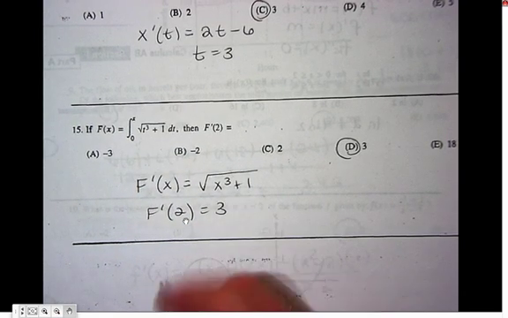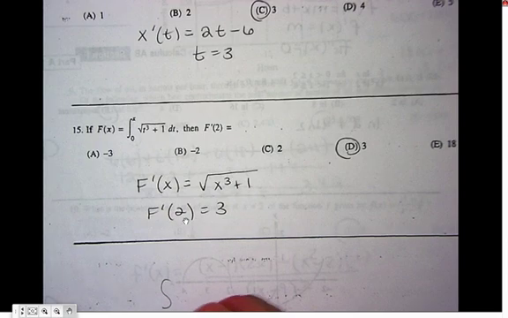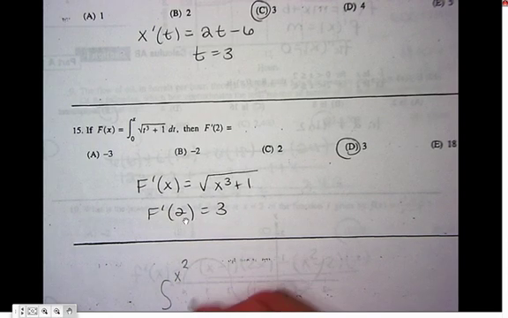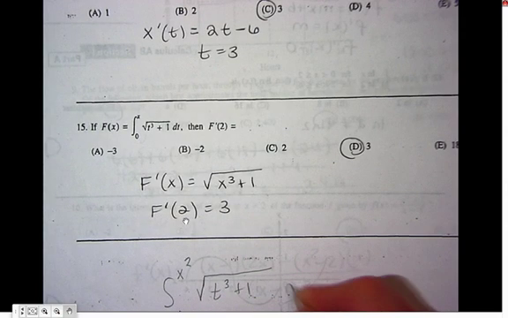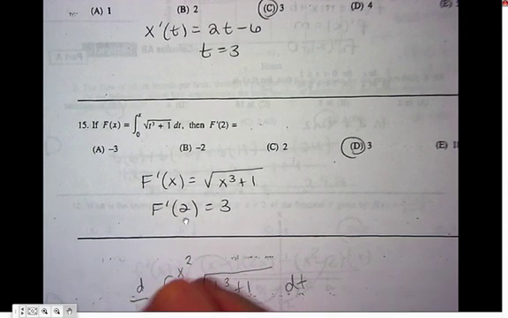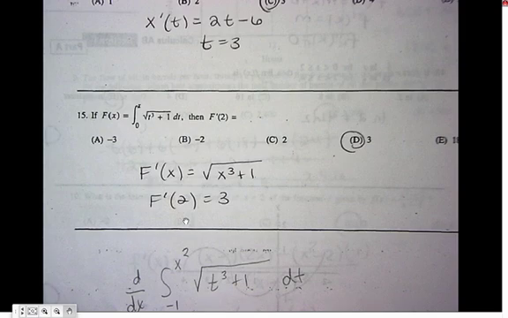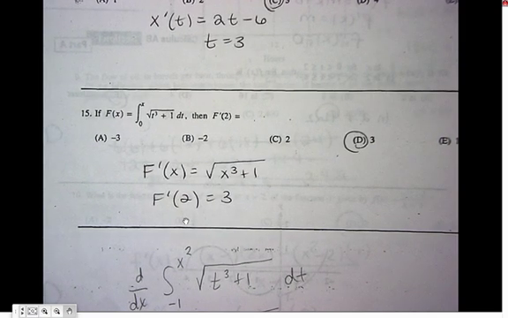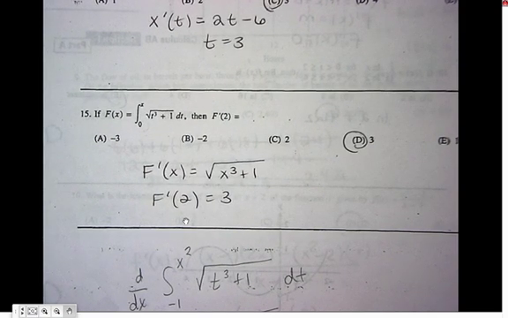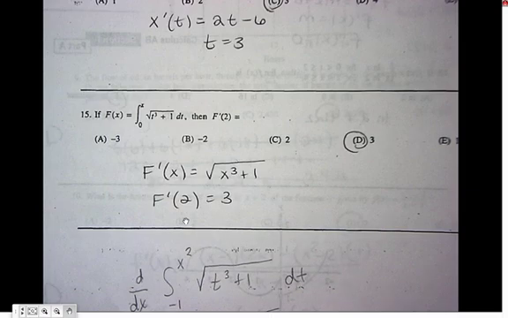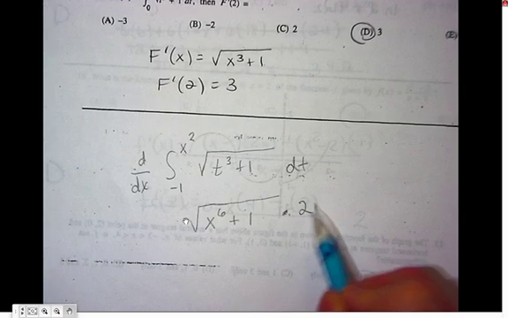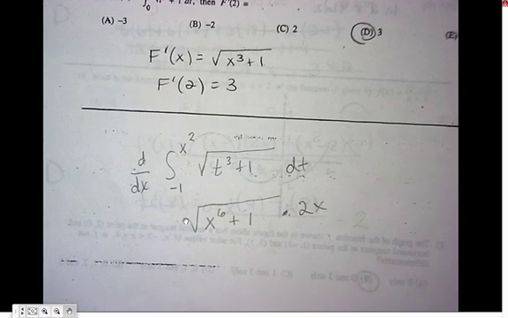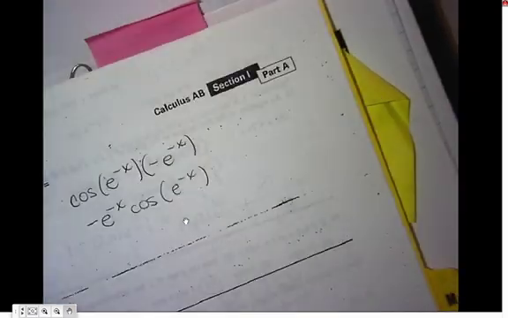Now let me change that one a little bit. What if it were -1 to x squared and they asked you to take the derivative? Plug in the x squared, so I'd get the square root of x to the 6 plus 1. Then what's the part that people miss? Yep, times by 2x. Okay, so that's second fundamental theorem. So that's a real probable type question.